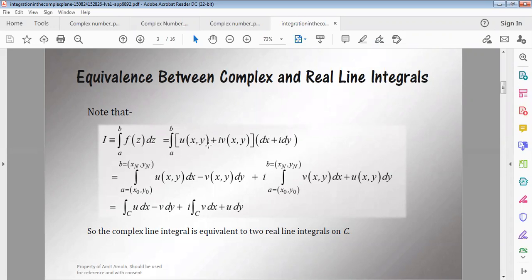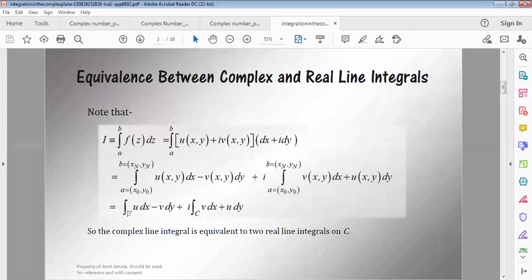Now there are two parts: one is the real part, another is the imaginary part. Multiplying these two, dx multiplied by this and i dy multiplied by this, will give u dx and v dy. This is the real part. After multiplication, i into this is the imaginary part.